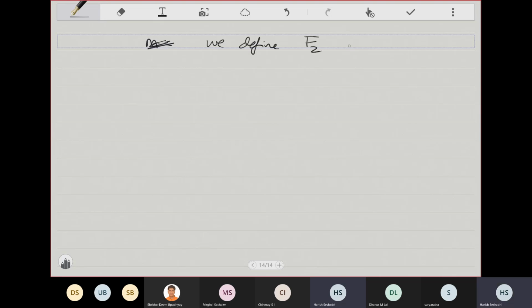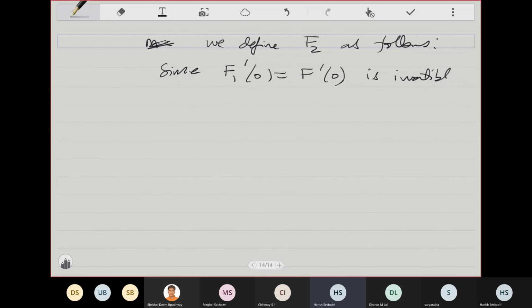We define F2 as follows. Since f1 prime 0 equals f prime 0 is invertible, then, by the way, before I do this, perhaps I should say this.